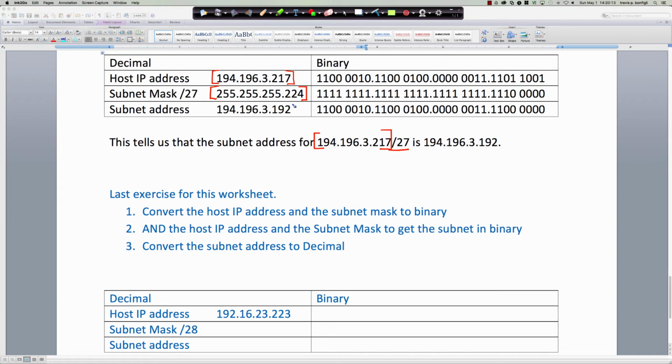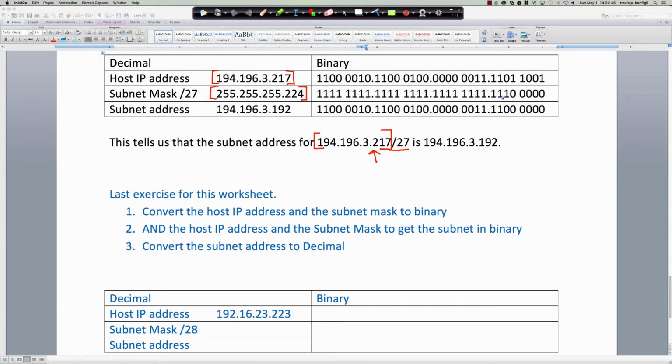But the question becomes, if you were shown that and said, give me the subnet address, right? What is the network ID for that IP address and subnet mask combination? What is the subnet address or the network ID? The only way we've talked about to this point in the course would be to say, okay, well, I've always been told to get to the block size.